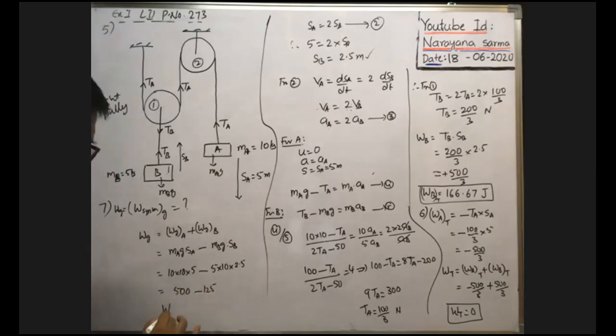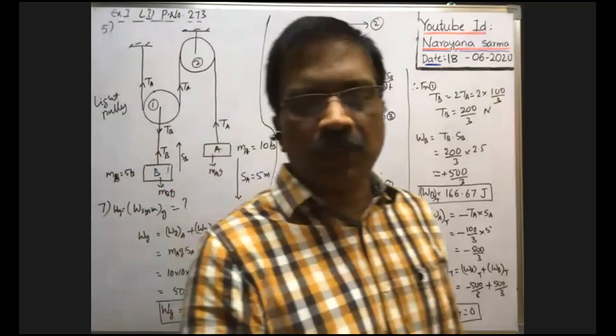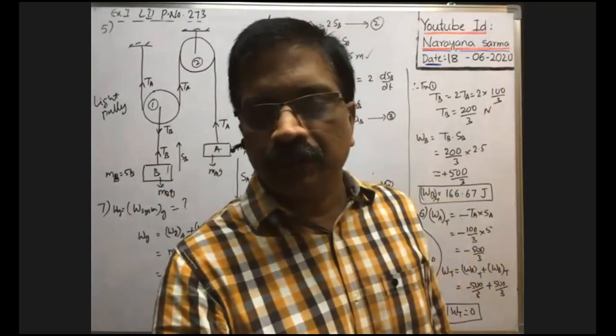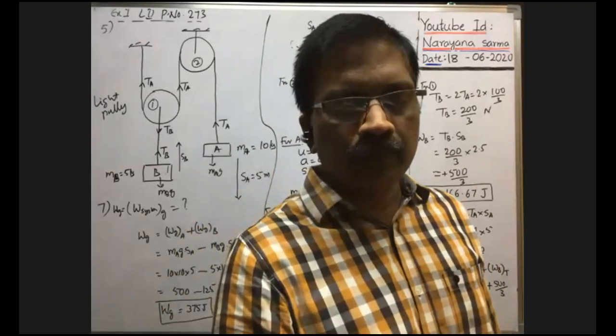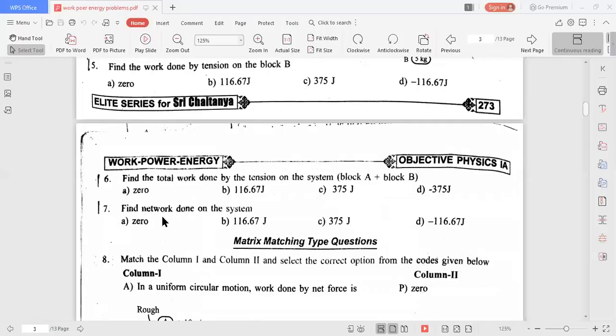Therefore, the work done by gravity on the system is equal to 375 joules. Yes, 375, very good. So 375 joules is correct.